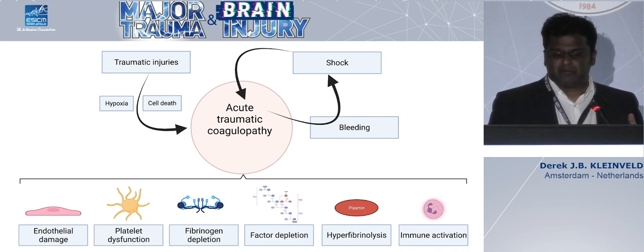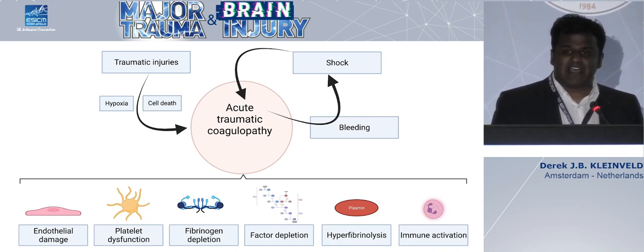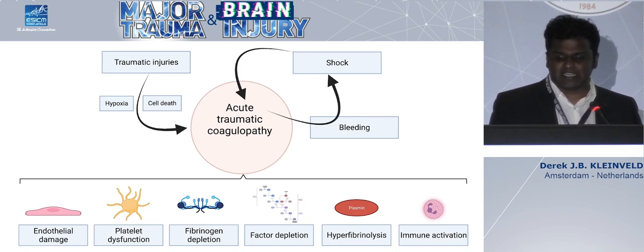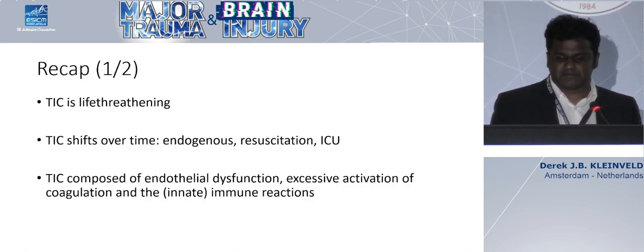We know from literature that there are several abnormalities within acute traumatic coagulopathy, which is composed of endothelial damage, platelet dysfunction, fibrinogen depletion, and you have your coagulation system that is highly activated. On the other end, you have a large production of tissue plasminogen activator initiating hyperfibrinolysis.